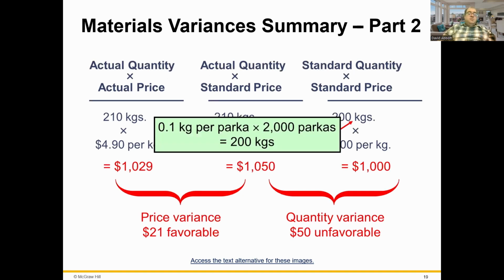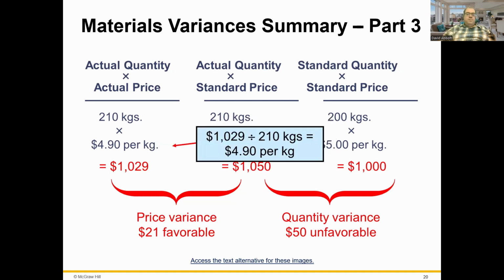All right. So, supporting an additional computation. The standard quantity of 200 kilograms was computed as shown. So we know that per each parka, we're using 0.1 of a kilogram times 2,000 parkas, which is 200 kilograms.